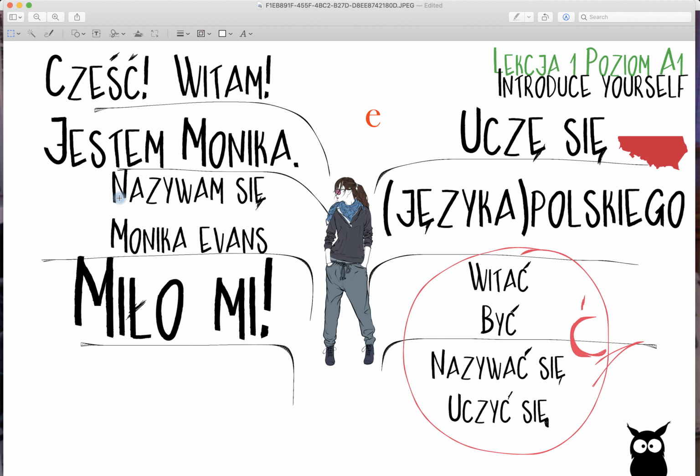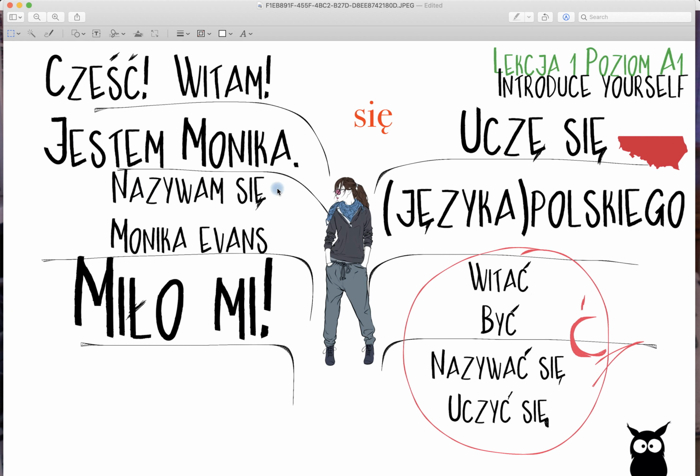However, if I wanted to pronounce it very slowly in a detailed way, I would say nazywam się, with the nasal at the very end. We would always spell it with ę. So you cannot spell it without the little tail. You can pronounce it very quickly like "sie", but you would always spell it with a little tail. So this is our reflexive pronoun, by the way.